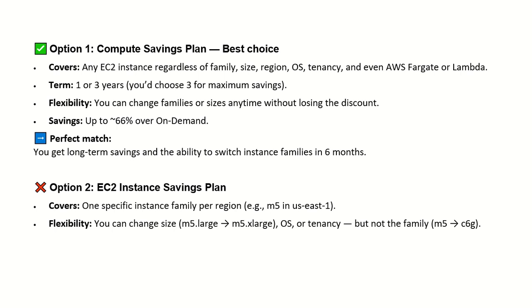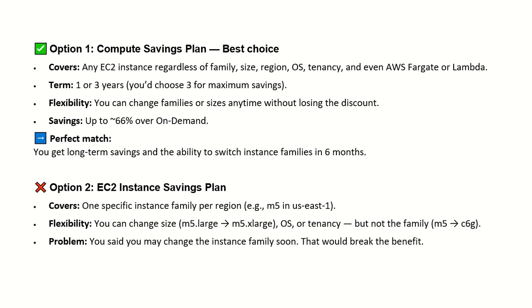In flexibility, you can change size, M5 large to M5 xlarge, OS or tenancy, but not the family, M5 to C6G. So it is not as flexible as compute savings plan. The problem is you said you may change the instance family soon. That would break the benefit. So not suitable. It locks you into a family.